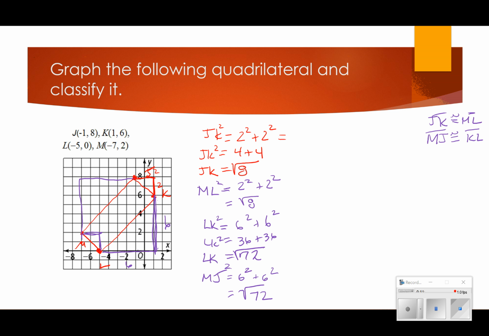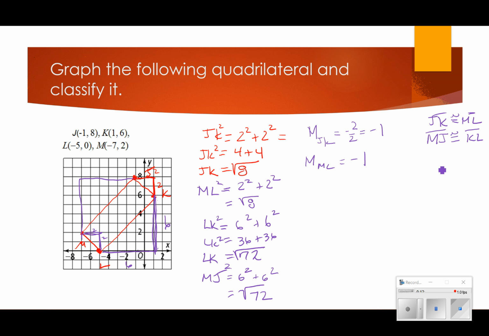Now I want to prove that those opposite sides are parallel. So to do that, I'm going to find the slope. Slope should be easy because we've drawn the slope triangle. So let's just go with the slope of JK. That's going to be negative 2 over 2, which is negative 1. If I go with the slope of ML, again, 2 over 2, which is negative 1.